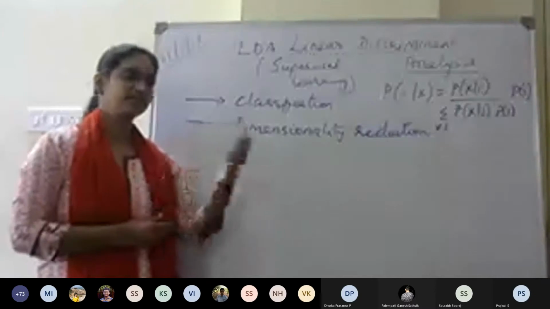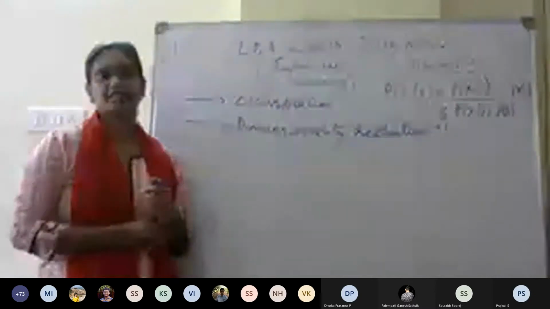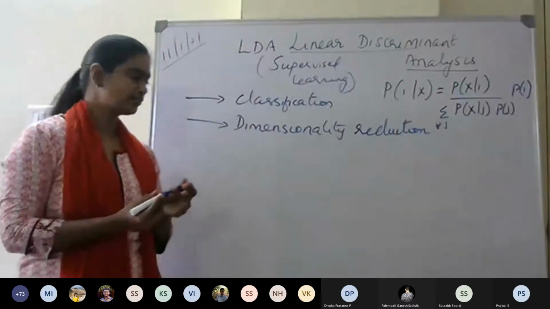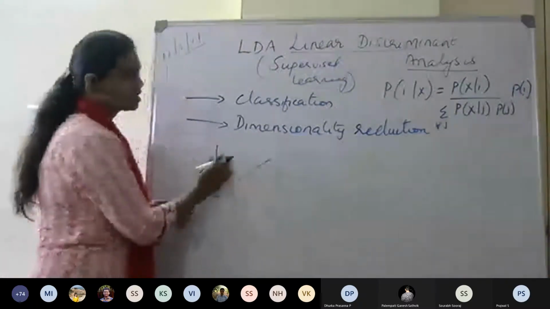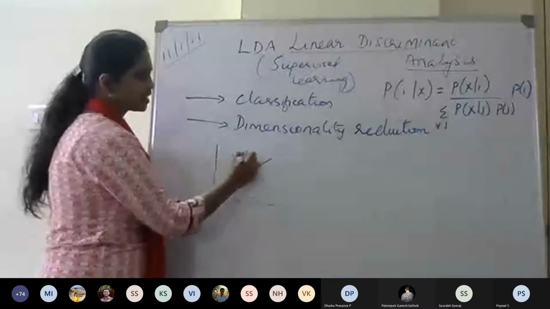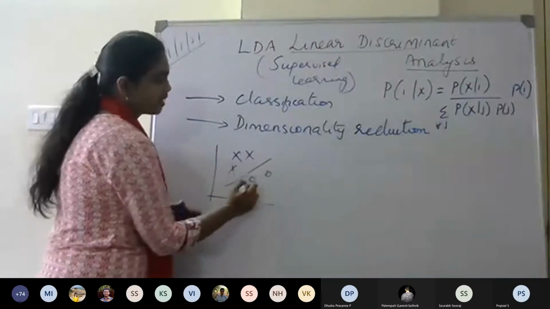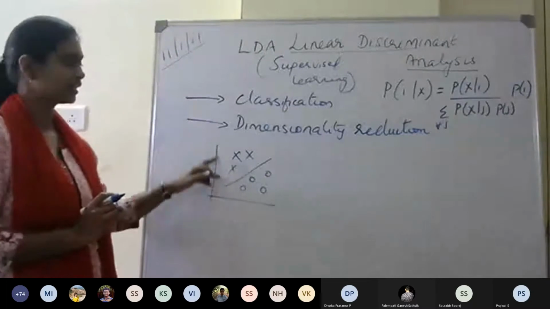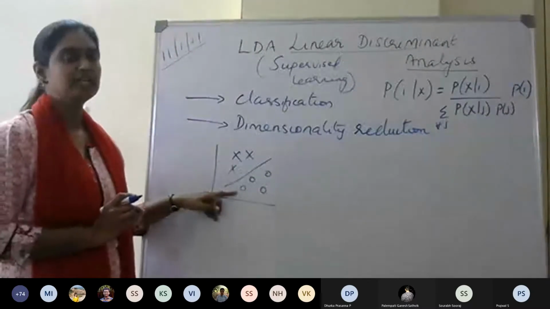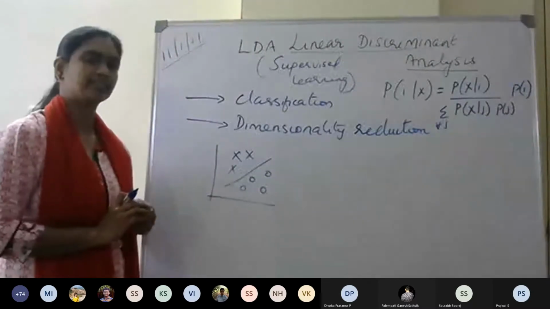So far, in linear regression and earlier, we have used a straight line for separating objects of two classes, isn't it? Assume I have two classes and the objects are like this. I can separate them using a linear separable line like this.